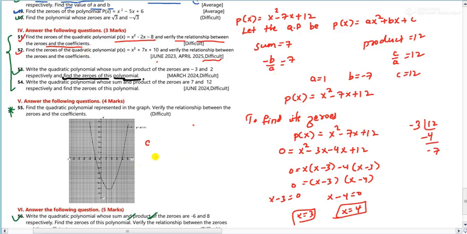See, it's like ax square, then they might have given this minus sum x, minus of sum x plus product. I think this is the formula. Okay, if it is there in book you can use, or else you can go with this method. This is easy and it's common for all type of question.